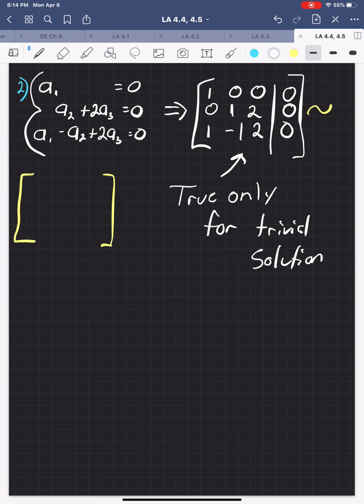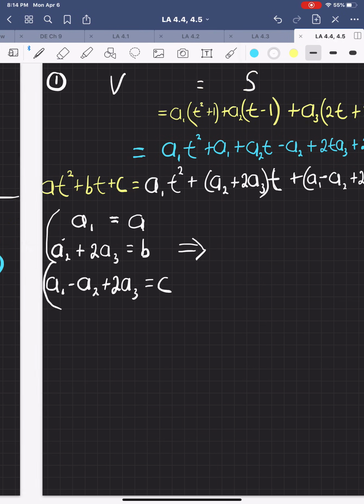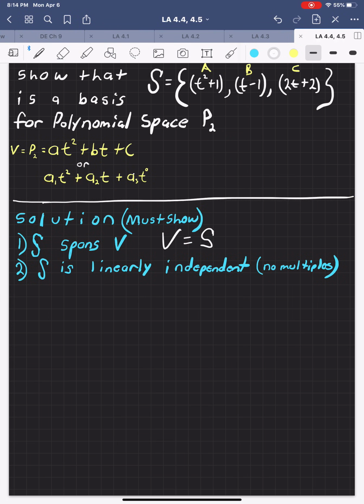That tells us we have met both qualifications to be able to make the statement that the following is a basis for this polynomial space.